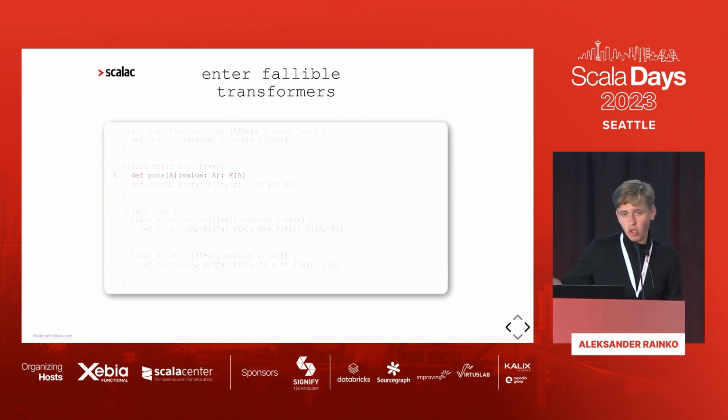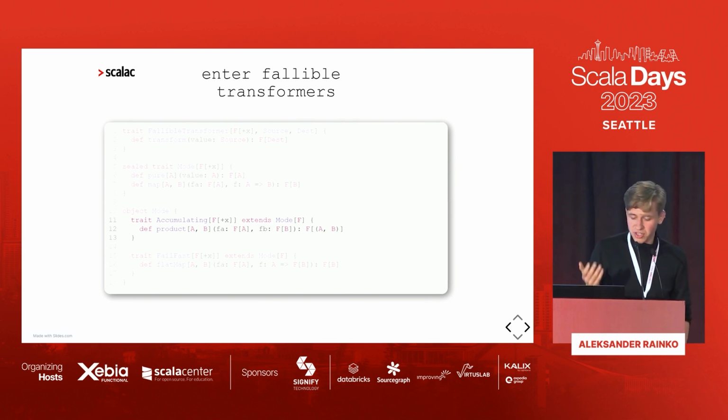So if F is Option, you can imagine that pure just calls Some on that value, right? It has a map method that allows us to operate on the things inside the wrapper type. And then moving on to the accumulating mode, it has another method called product. What the product method does is it takes two values wrapped in F, right?